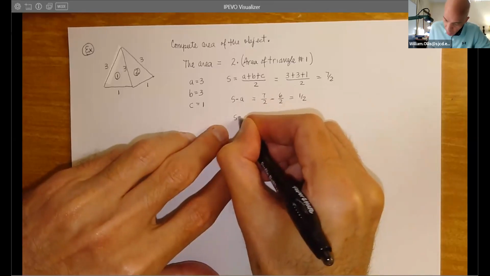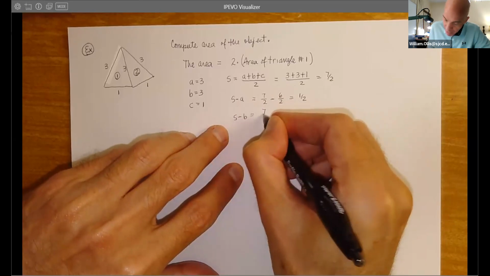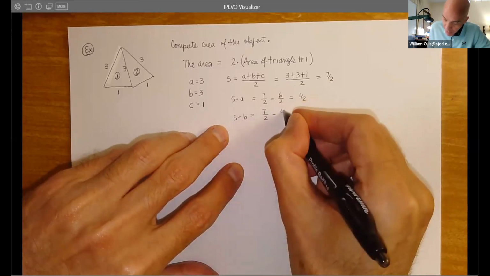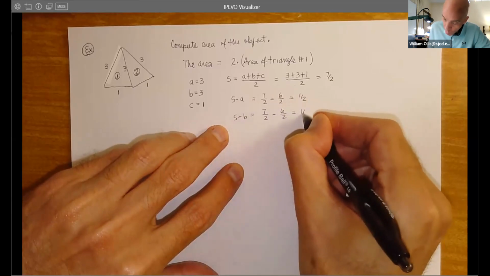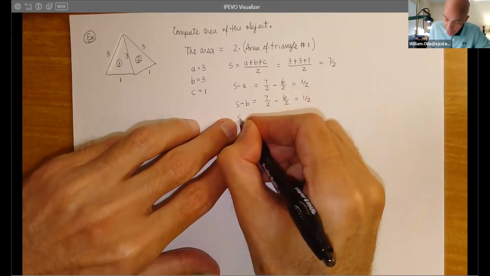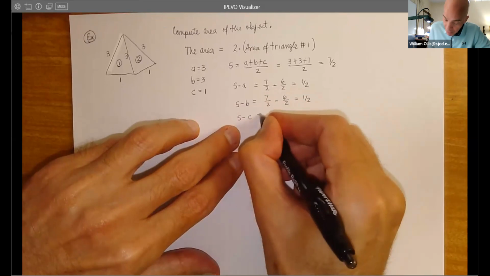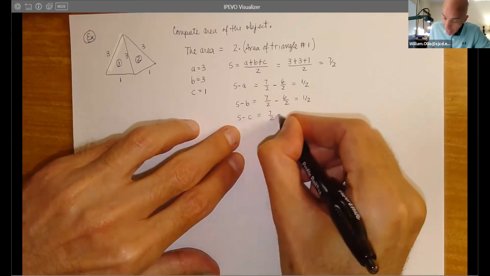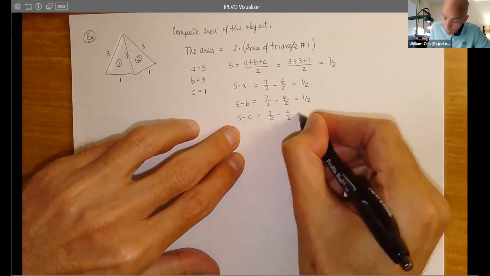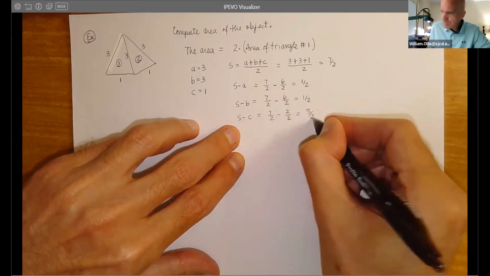And then S, well, we know what that is, just write it down again, 7/2 minus 6/2, which is 1/2. And then, of course, S minus C will be 7/2 minus 1, which is 2/2, which is 5/2.